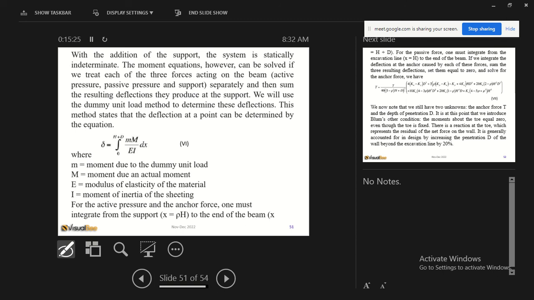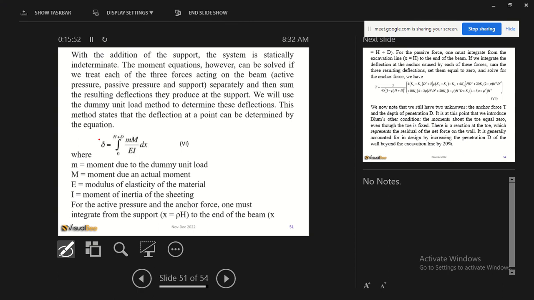We will use a dummy unit load method, which is virtual work. This method states the deflection at any point can be determined by the equation. It is assumed that you have already done the virtual work method in structures, so I won't get into the details.